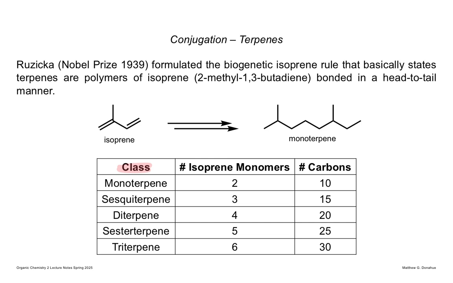If you take two isoprenes, that's called a monoterpene. So 2 times 5 gets you the 10 total carbon atoms.